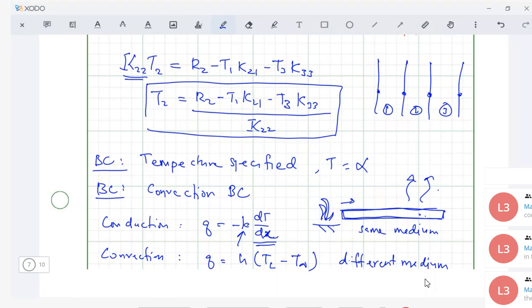These are two different mediums. So this is convection. Note that it has the same form of equation. This is what we call the convection heat transfer coefficient.